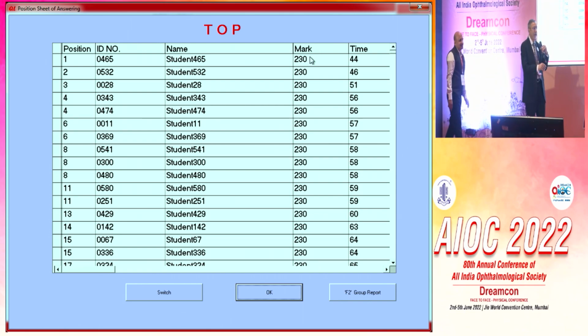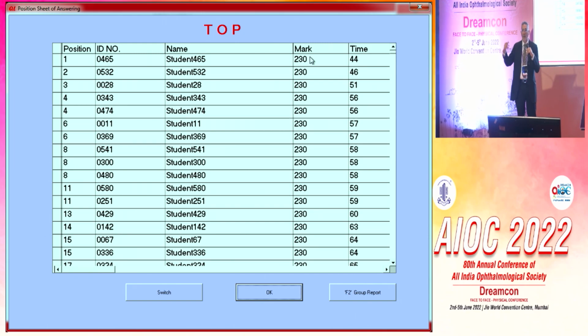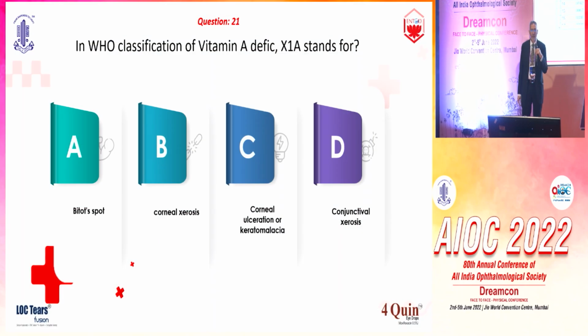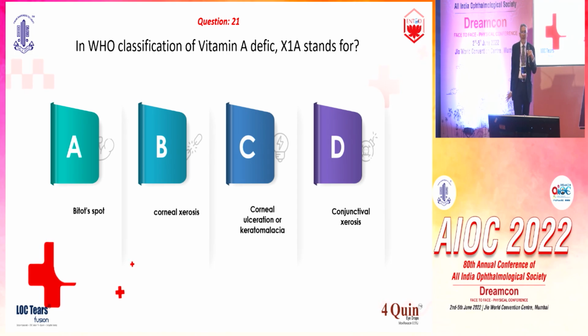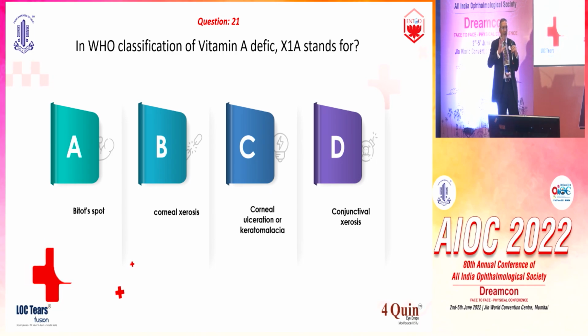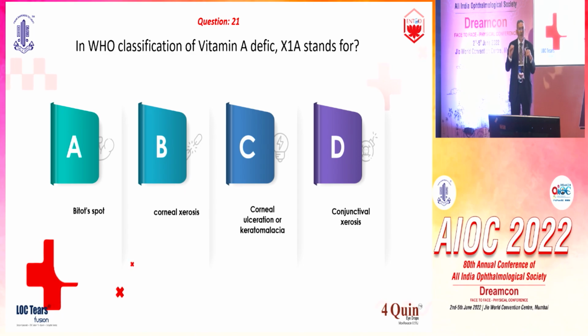Okay, fine. We go to the next question, 21. In the WHO classification of vitamin A deficiency, they have this peculiar classification. They've got X1A. X1A stands for Bitot's spots, corneal xerosis, corneal ulceration or keratomalacia, or conjunctival xerosis. So it's a very specific thing.